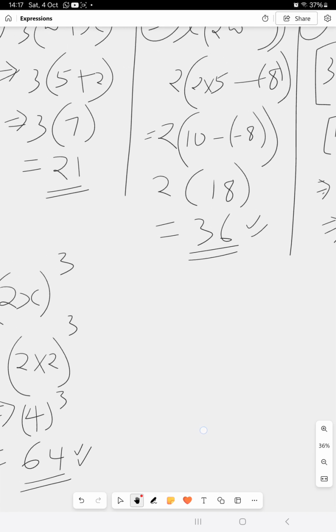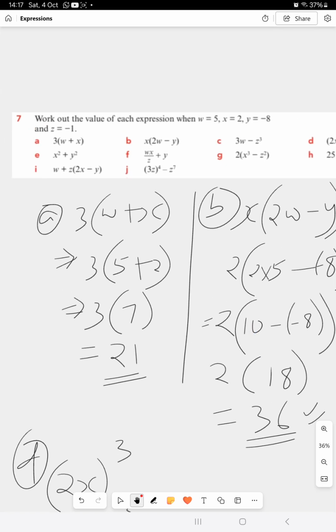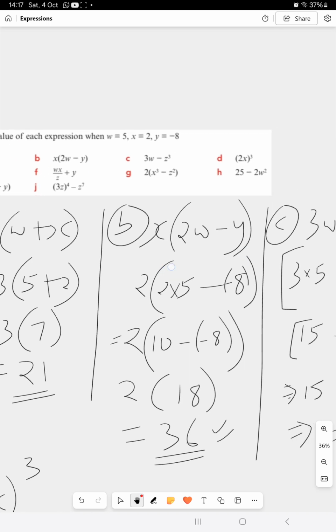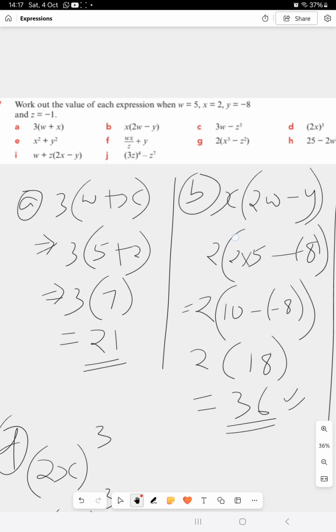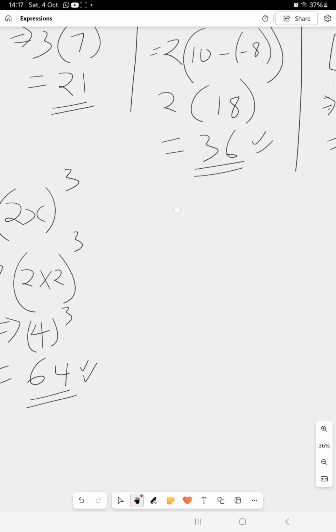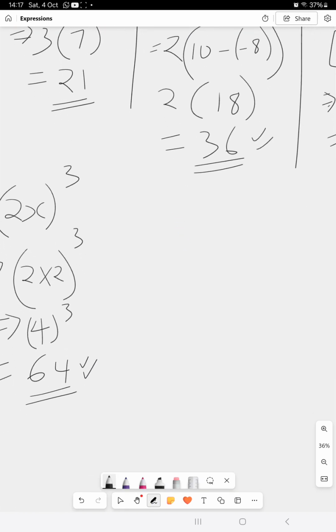Let's do the other one. E. E is x squared plus y squared. Now this one I will use a different pen. We are saying it is x squared plus y squared.